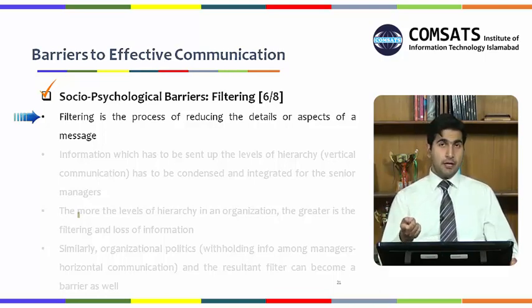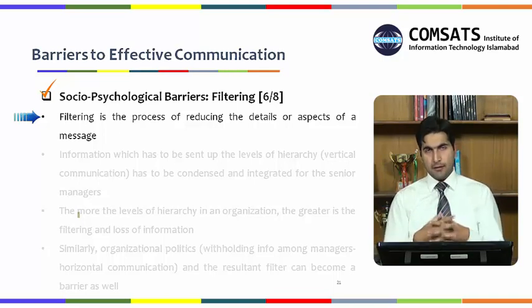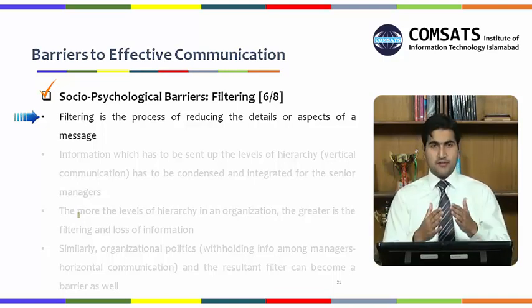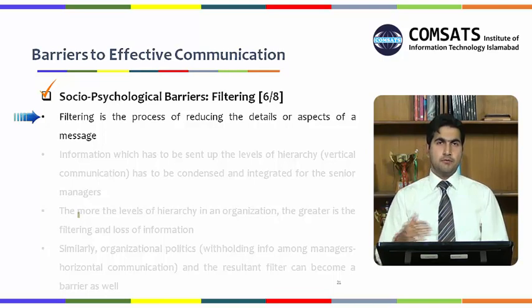So this filtering can also become a barrier if it's not done properly, especially through teamwork, because together they will know what's actually important, since you have a consensus, and what's considered unimportant is also decided with a consensus. So something which is unimportant will be removed collectively.